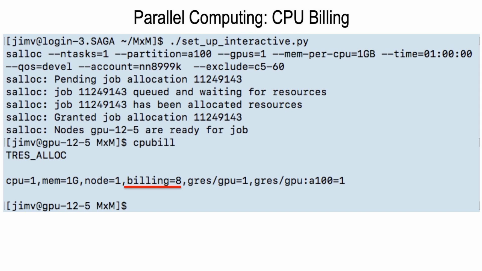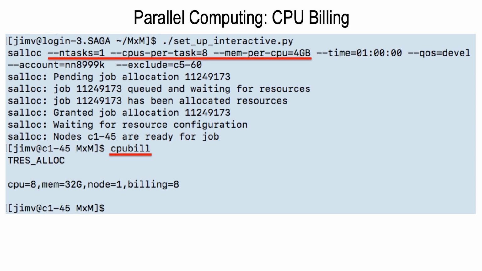It's important to note that this relationship can change if you request more memory. Now let's request a job with 8 CPU cores and 4 GB of memory, and then utilize our new alias, cpu-bill.